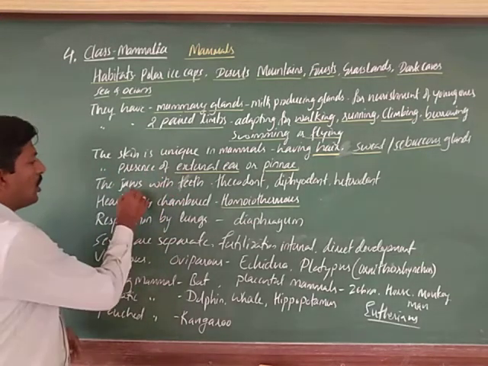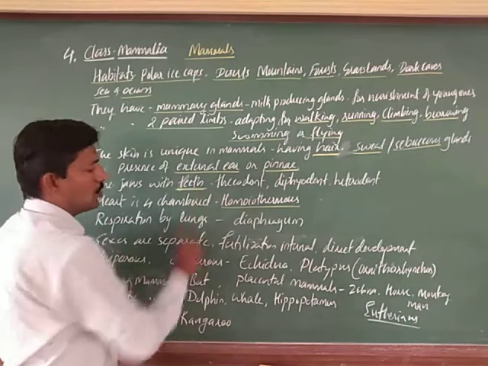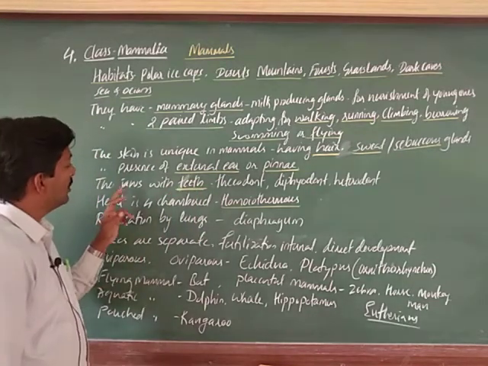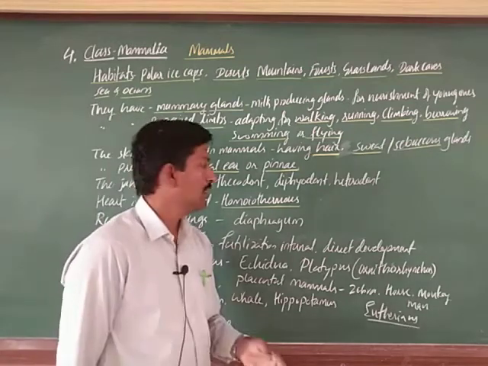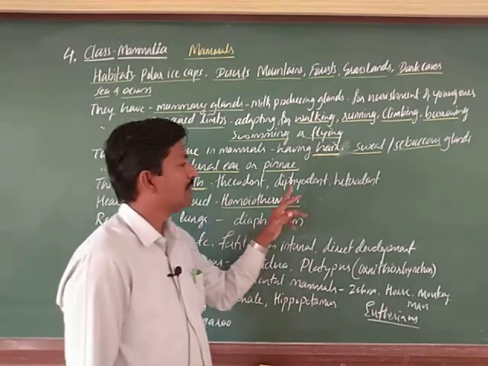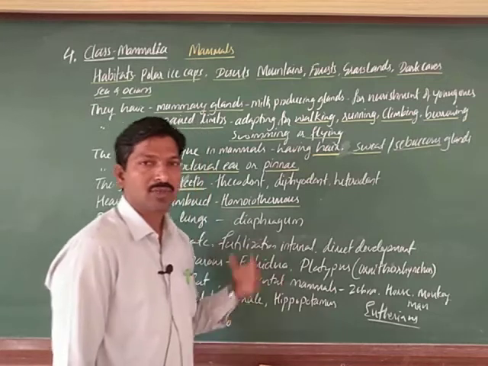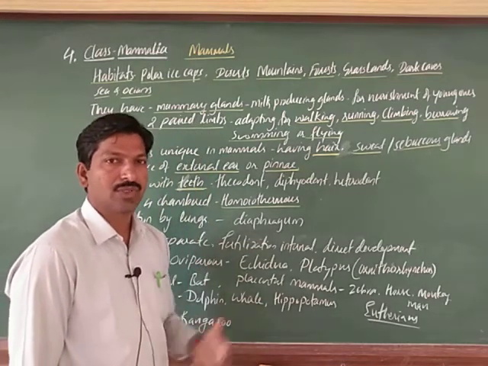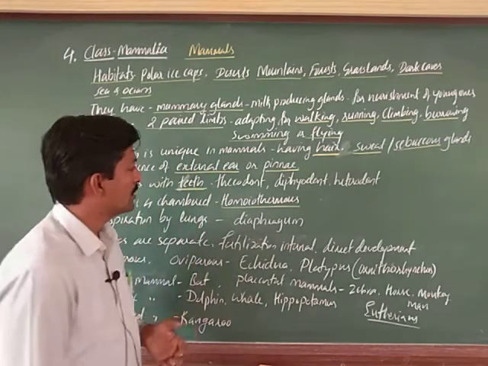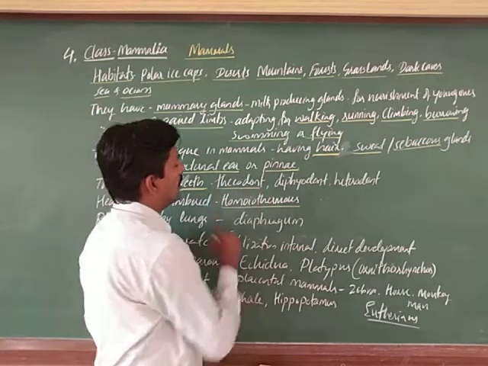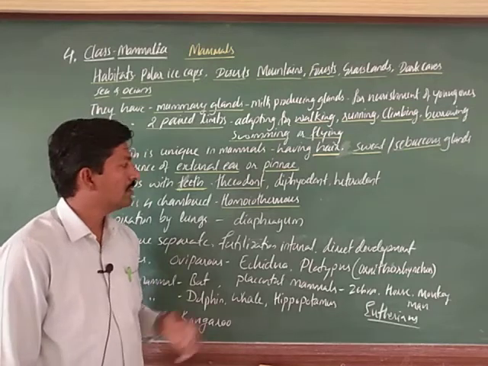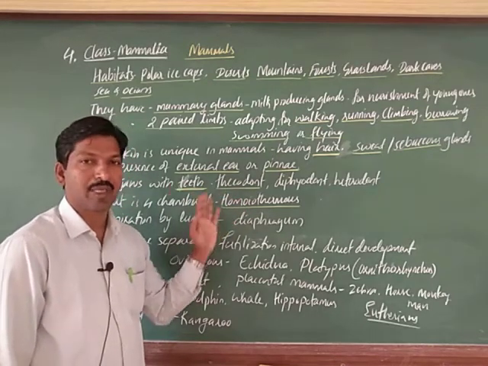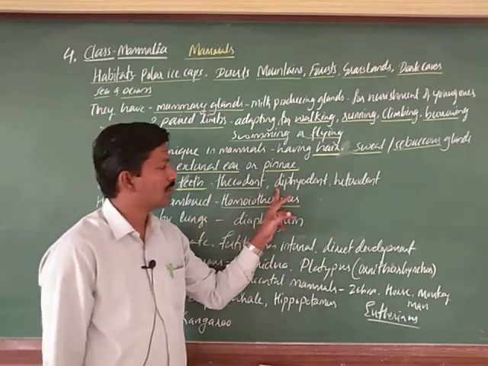Next, the jaws with the teeth are present, right. The teeth are of different types here: thecodont, diphyodont, heterodont. In the anatomy of the digestive system we are going to discuss those details.